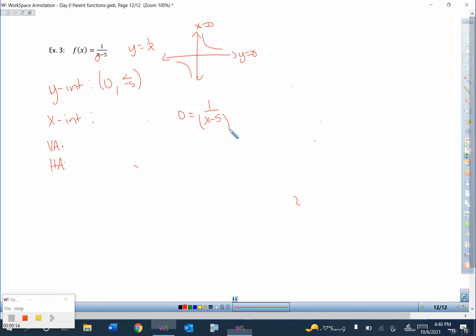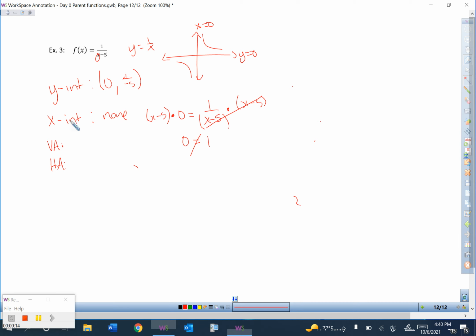You want to put grouping symbols there, and then we're going to multiply by that whole quantity on both sides. So this says 0 times something, which we know is 0. The x minus 5's cancel, we're left with 1. Because that's not true, there are no x-intercepts.